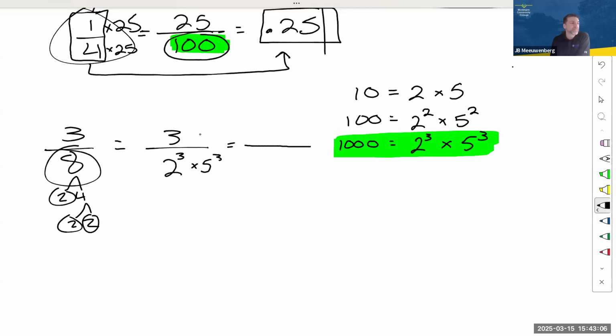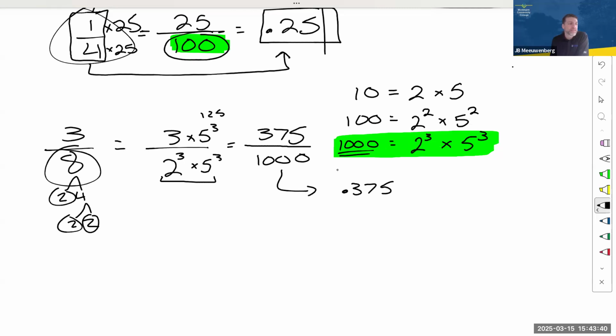What happens if we multiply by 5 to the third on the top and bottom of that fraction? We have the same number of 2's that we do 5's, and when we multiply those together, they're going to equal 1,000. On the top, once we multiply that out, 5 to the third is 125, and 3 times 125 is 375. This can now be written as a decimal number.